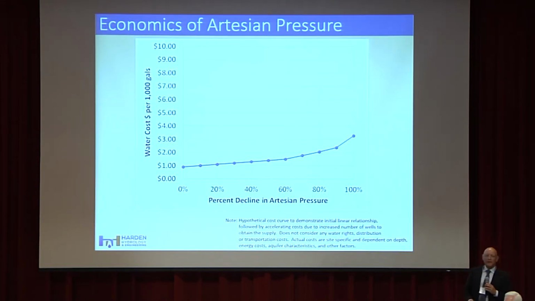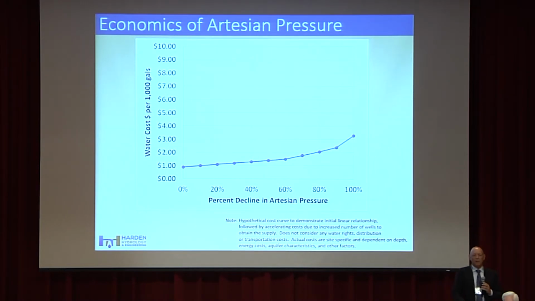If we move to the economics of artesian pressure, this is just a kind of hypothetical generalized graph to illustrate a few points. This graph doesn't consider the cost of groundwater rights, if there are any, the cost of transportation if you're moving the water long distances, or the distribution cost to move it through a distribution system in a city, say.